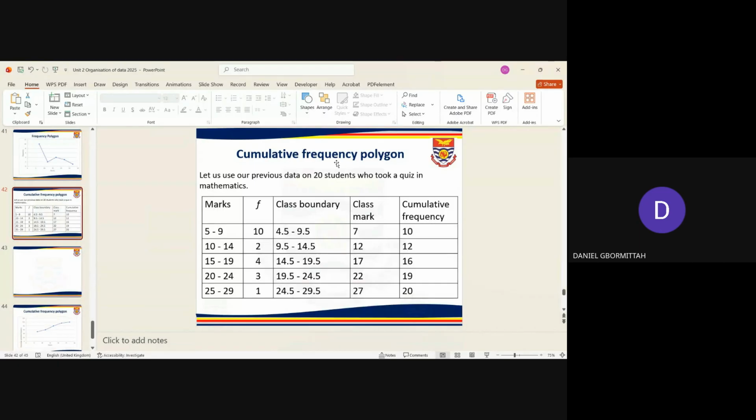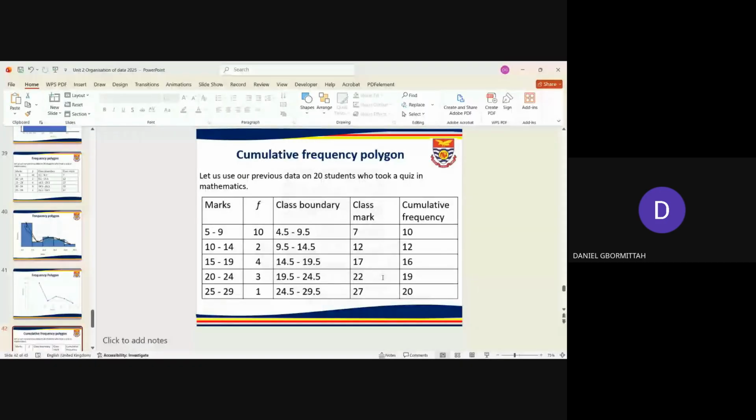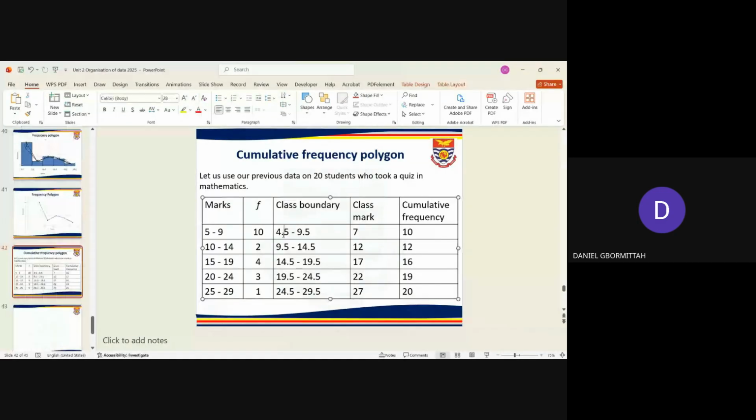So the cumulative frequency polygon, which you have been doing already, you need to have the class boundaries.